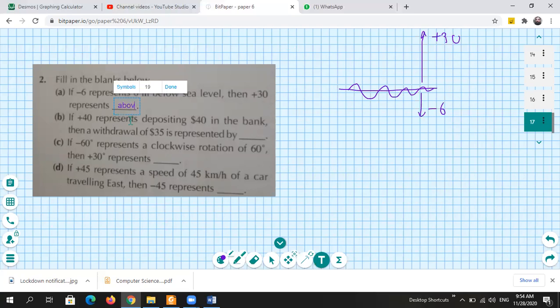Above sea level. Then part B, if positive 40 represents depositing $40 in a bank, then a withdrawal of $35 is represented by.